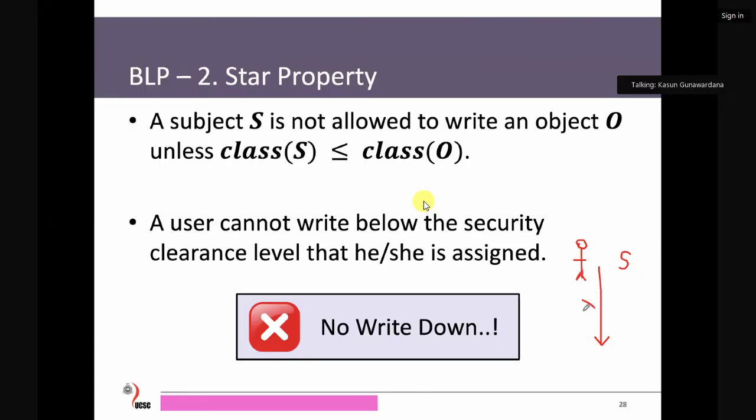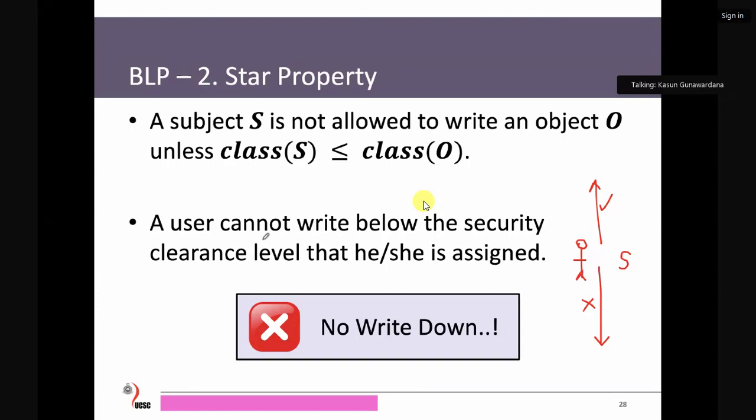So this is prohibited. The user can only write to higher levels, right? So we call it no write down. The user cannot write below the security clearance level that she is assigned, right?